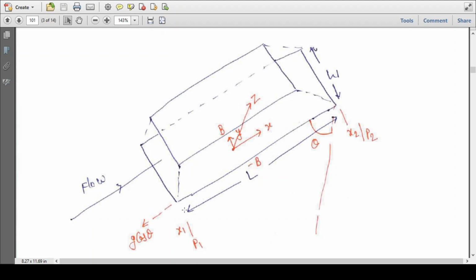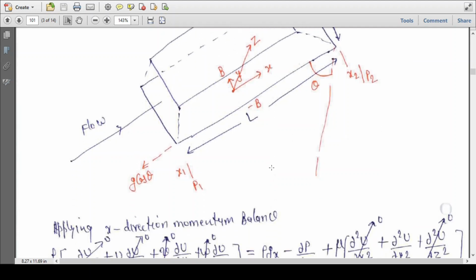So x1 is the origin of this slit, where the pressure is P1. x2 is the end, which is L distance apart, and there the pressure is P2. The flow is going upwards, so it needs an applied pressure. So P1 is always greater than P2 in order to make it flow. This is the width of the plate.